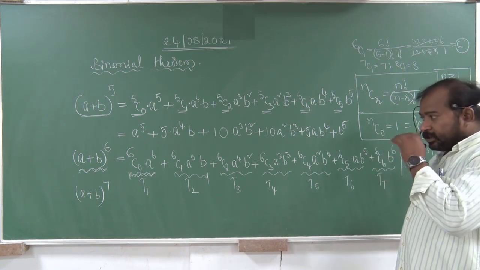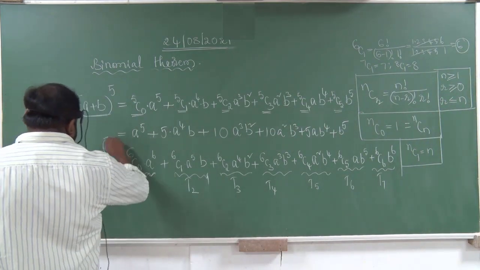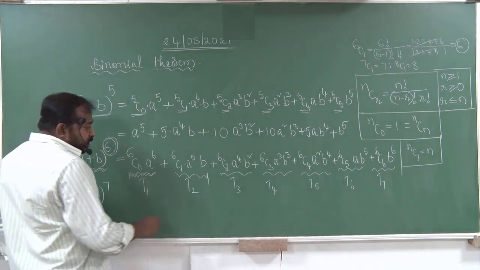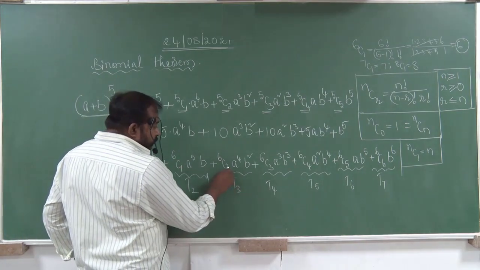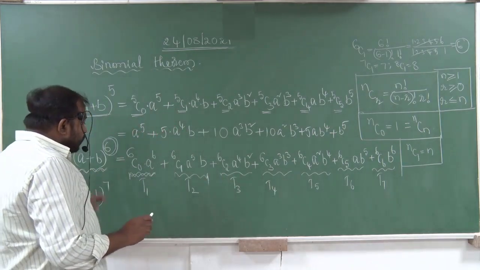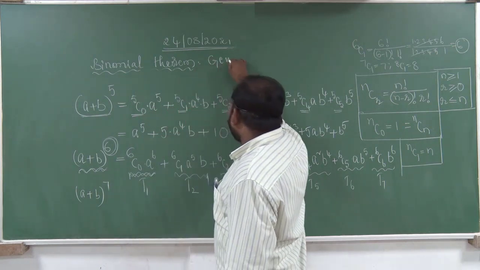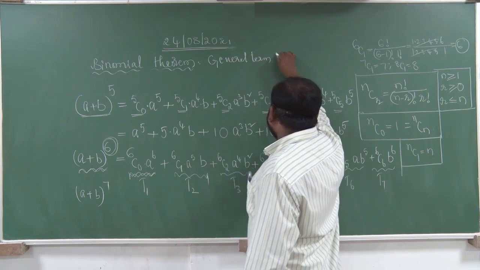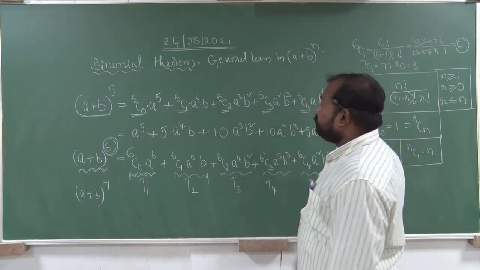Now, by generalizing this, listen here. The value of n is 6 here. In the first term, 0 is there. In the second term, 1 is there. In the third term, 2 is there. In the fourth term, 3 is there. That means, listen, now I will explain the general term in the expansion of (a plus b) whole power n.